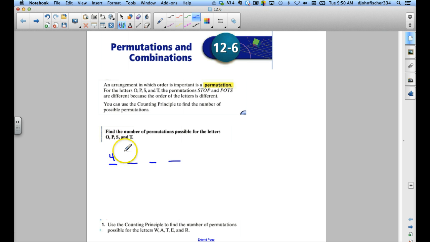Now, if we use one of those letters, how many is left for the second option? 3. Third option, 2, and the last option is 1. So now if we use the counting principle, it says we can multiply these together. 4 times 3 times 2 times 1. 12 times 2 is 24, times 1 is 24. There's 24 different ways to write STOP and POTS when order matters.